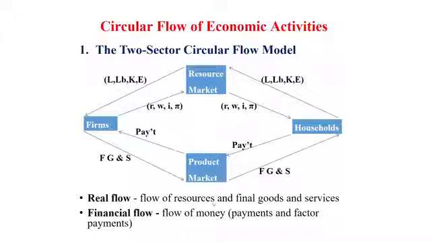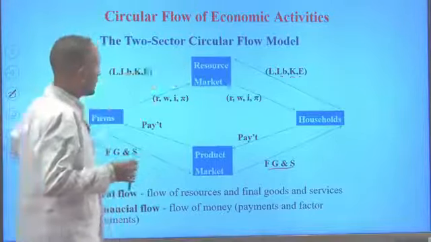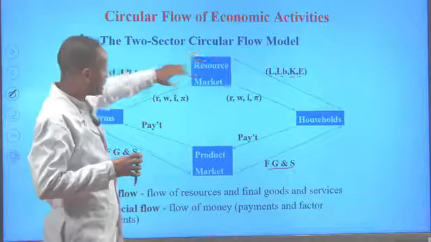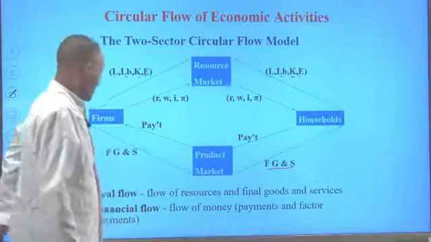In the resource markets, firms are demanders of economic resources. In the product market, firms are suppliers of final goods and services. In the product markets, households are demanders of final goods and services. This flow, the flow that shows the flow of economic resources and final goods and services, is called real flow.